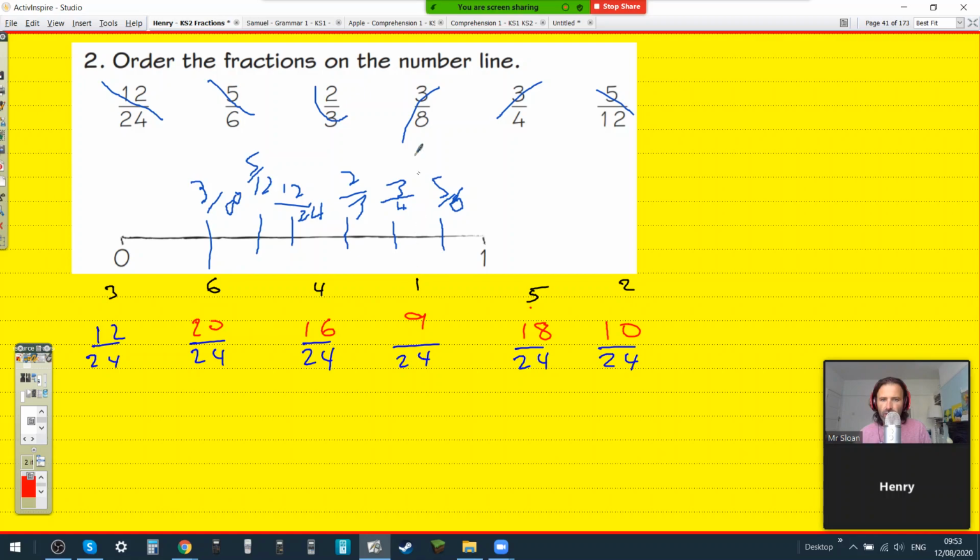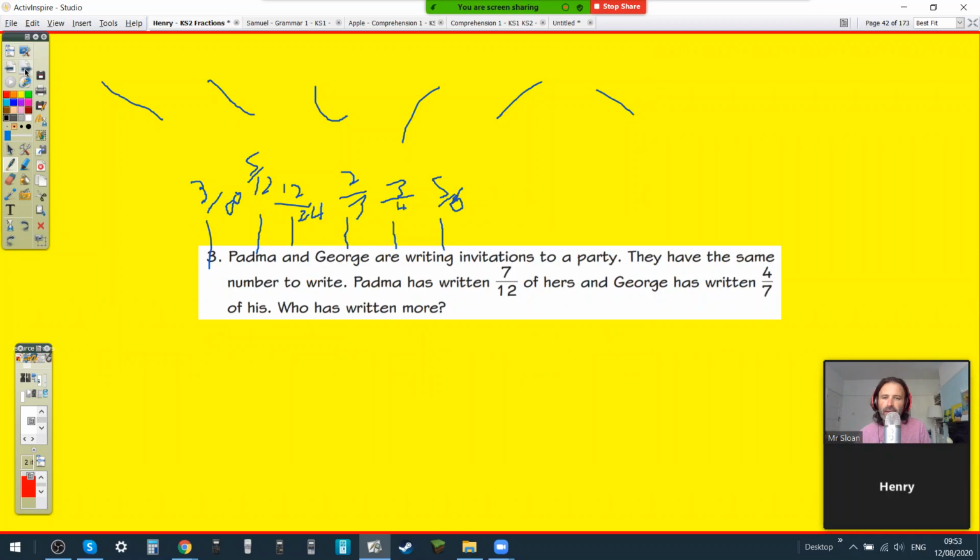And so it should be 3/8 first, then 5/12, then 12 over 24, then 2/3, then 3/4, and then 5/6. Yep, so it's all correct. And if you're ever stuck, you can use common denominator. That's great. Any questions about that? No, really. Okay, it's good.